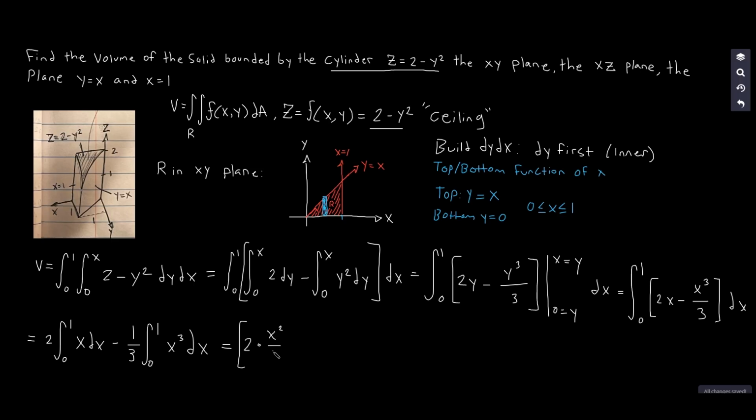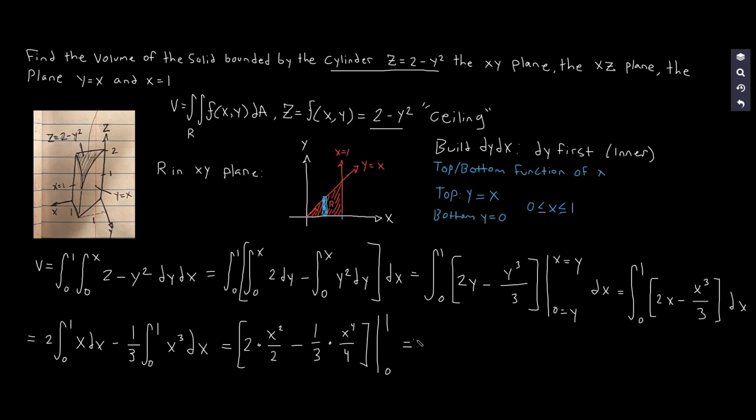x squared over 2 minus 1 over 3 times a quartic, x to the fourth over 4, and this whole thing gets evaluated from 0 to 1.